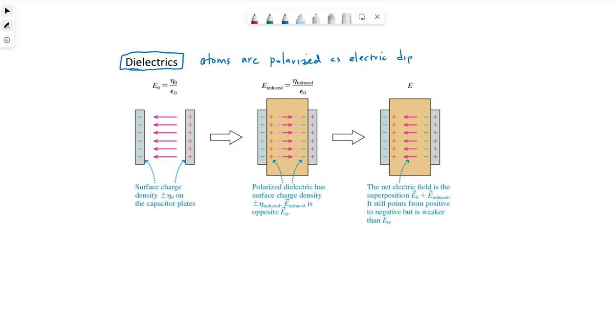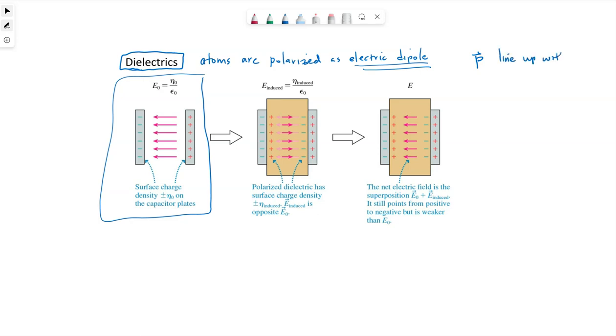And when we have our capacitor that is charged, that has an electric field, these electric dipoles, those dipole moments, if you remember, P, line up with the electric field of the capacitor itself.